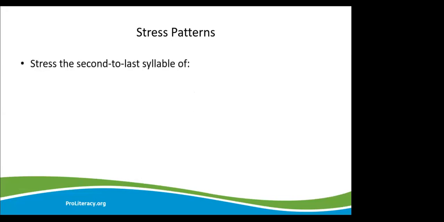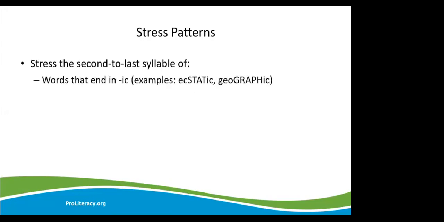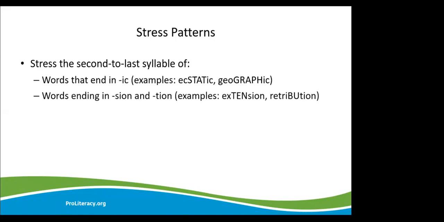In longer words, it's a little bit trickier. Sometimes we put it on the second to last syllable, particularly if the word ends in -ic, like geographic, which is going to put the syllable stress on the second to last syllable. If the word ends in -tion, extension, retribution, we slide into that second to last.